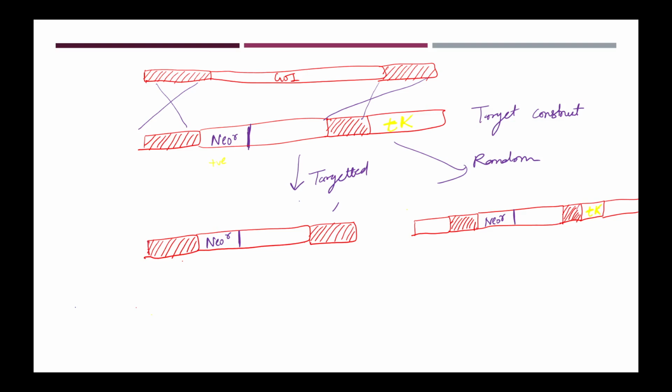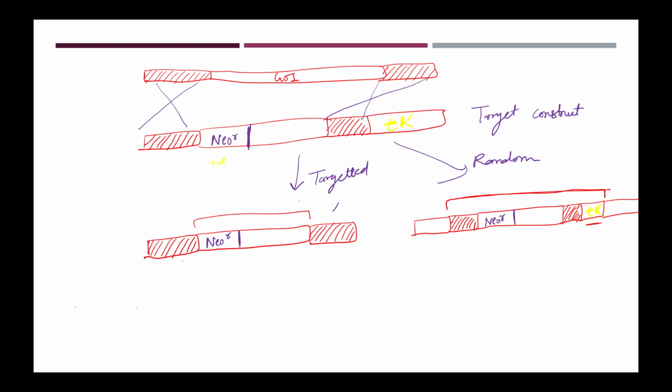So in case of random integration, you can see the entire cassette is being integrated here, with the thymidine kinase also, and then in the targeted integration, you can see the thymidine kinase is not incorporated.